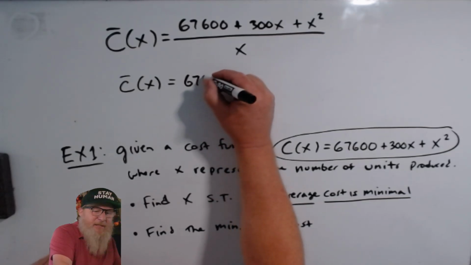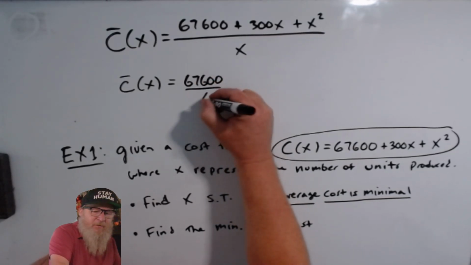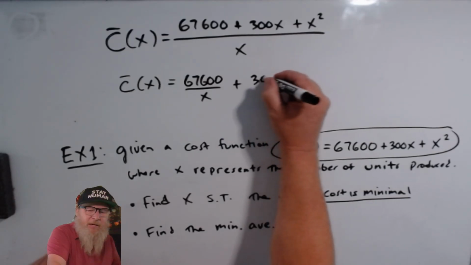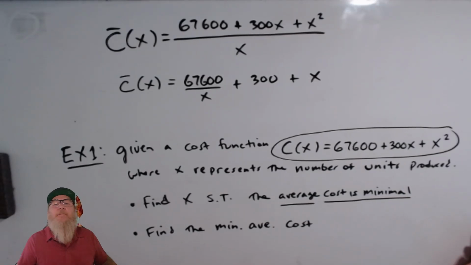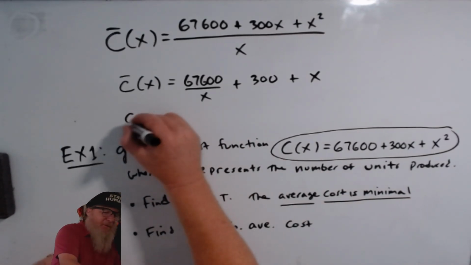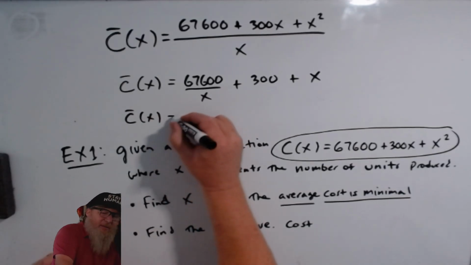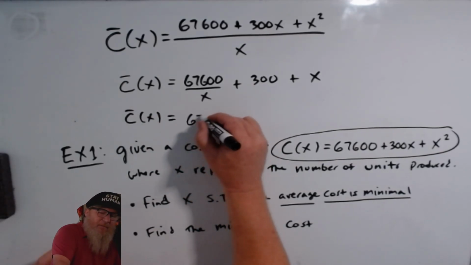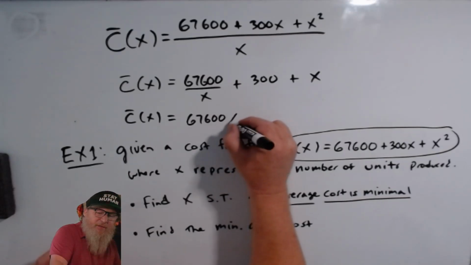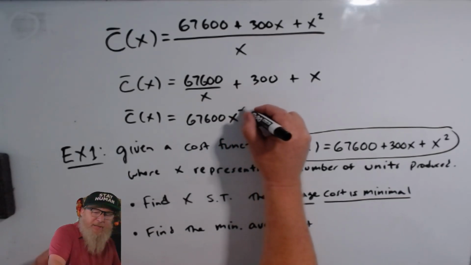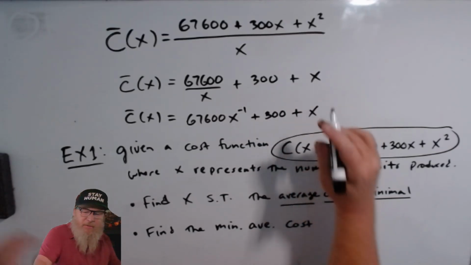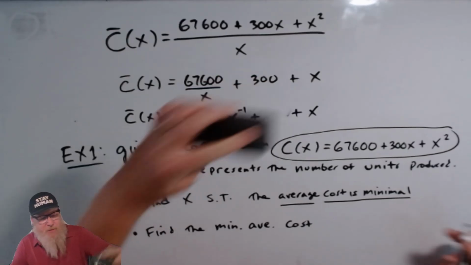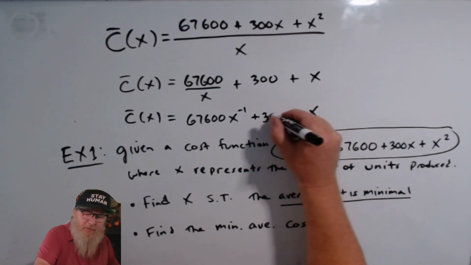So that's going to be 67,600 over x plus 300 plus x. Or if you prefer negative exponents, I think in the past I've done this where instead of writing over x, I just say x to the negative 1. And there is your average cost function.